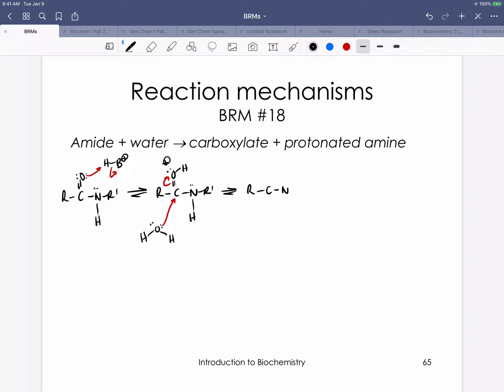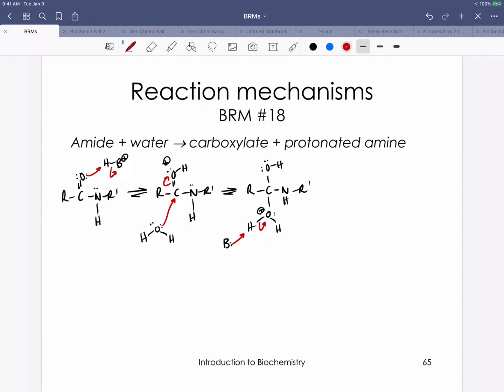One of the things that we're going to highlight here after we finish this mechanism is the importance of different steps in our reaction mechanism and making sure that we don't happen to have a step happen sooner than it's supposed to and create a protonation state that's not reasonable. So that's going to be something we'll talk about for this step right here.